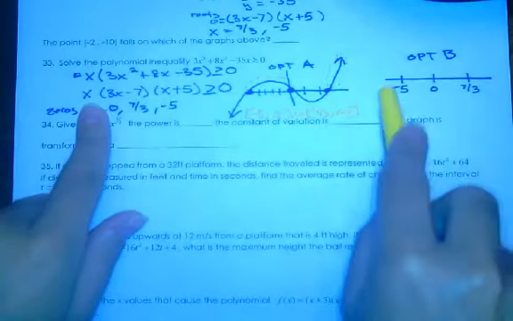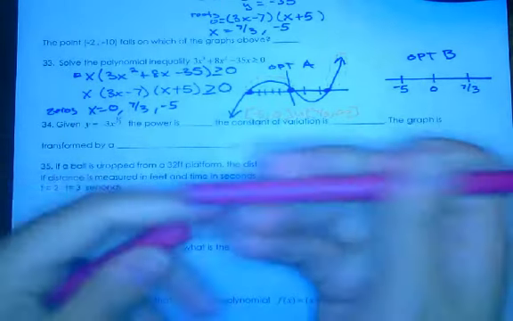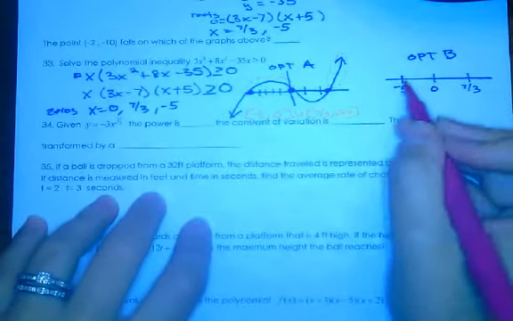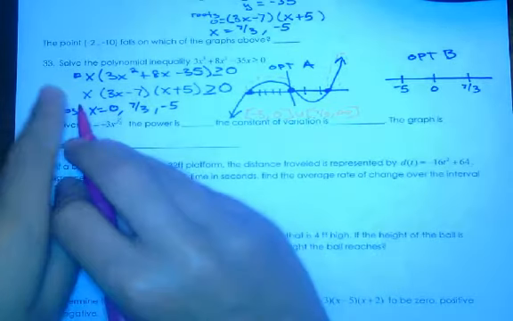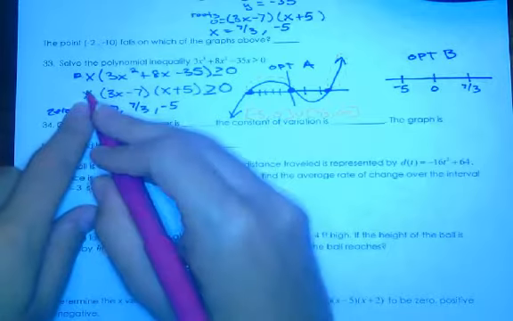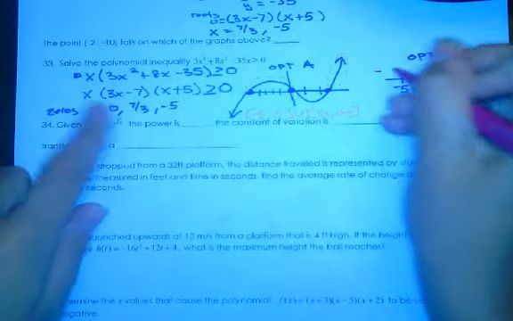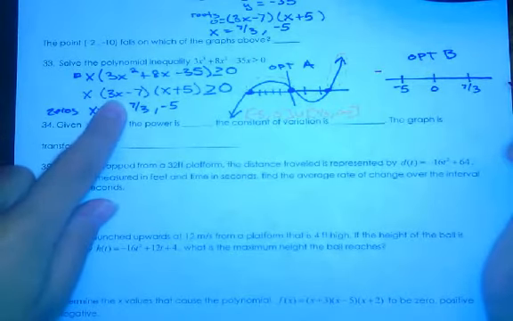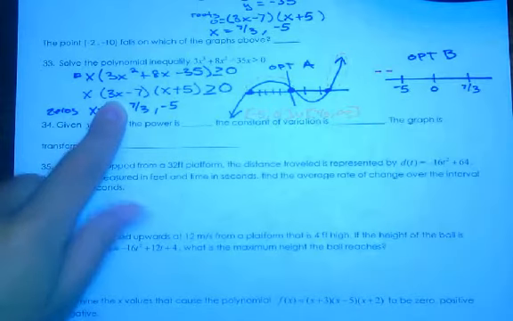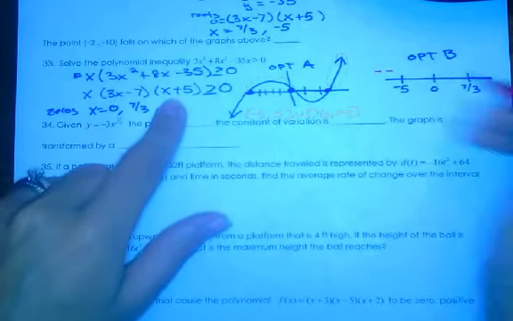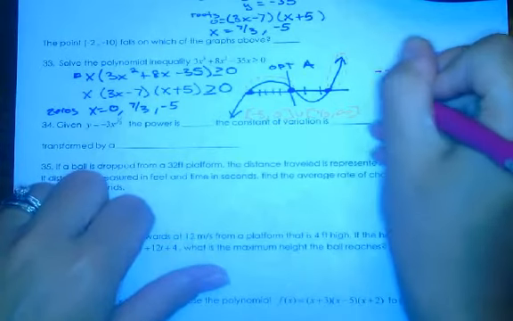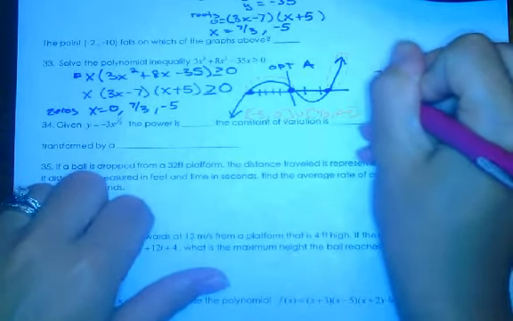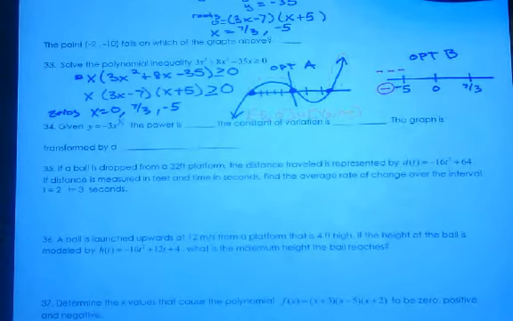So if I'm plugging in a number to the left of -5, so picture a number like -6. Well, if I plugged in a -6, this piece would be negative. If I plugged in a -6 there, this piece would be negative, and a -6 would make that negative. So a negative times a negative times a negative is overall a negative, okay?